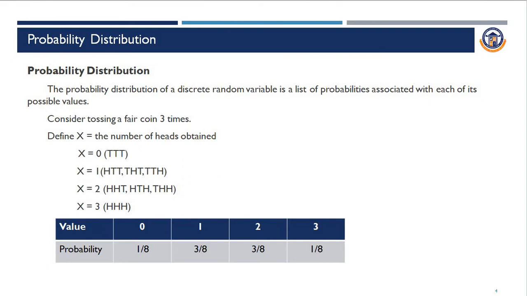So the values of x are 0, 1, 2, 3. When x value is 0, the corresponding probability is 1 by 8; for 1, it is 3 by 8; for 2, it is 3 by 8; for 3, the corresponding probability is 1 by 8.